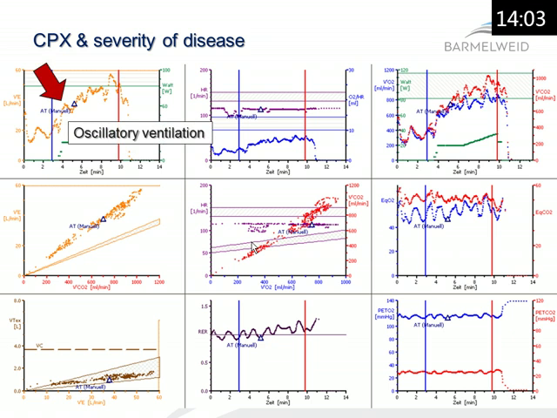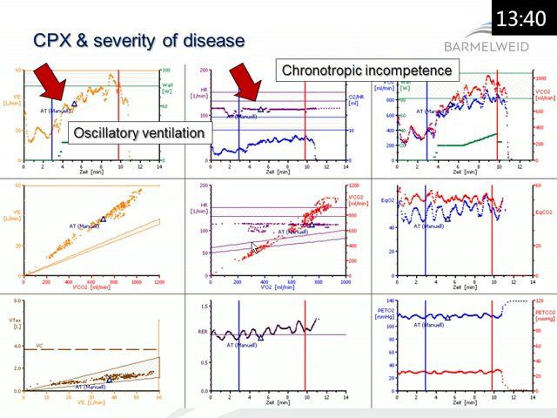In this patient, he has kind of an oscillatory ventilation. Normally this ventilation is straight, but it is kind of oscillatory. You see it also here. This is kind of Cheyne-Stokes respiration, which occurs in advanced heart failure. If you see this, you know this is high risk.